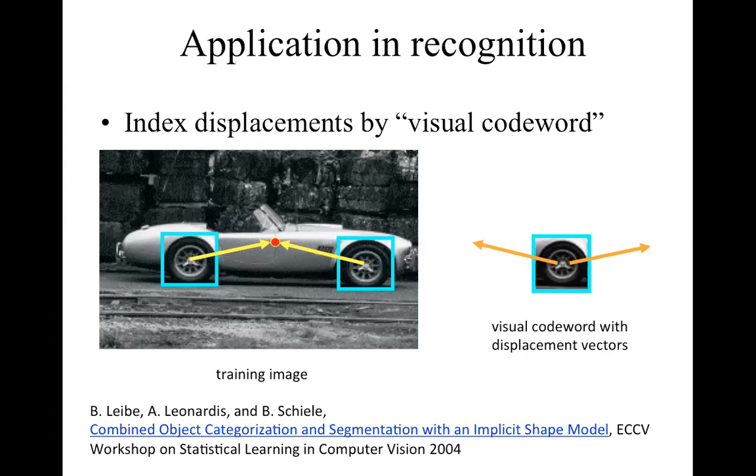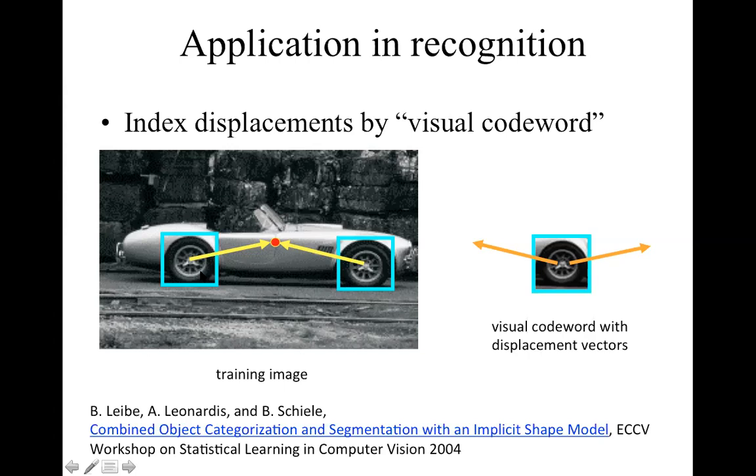At training time in an image, the method extracts what are called visual code words. These are small patches in an image which have some photometric properties. You extract these visual code words at some interest points, points with some geometric property in the image. Then you build a patch around these interest points. These patches are here in cyan.